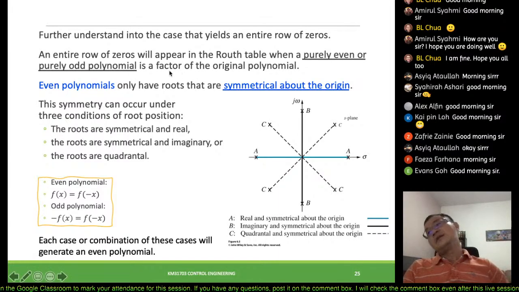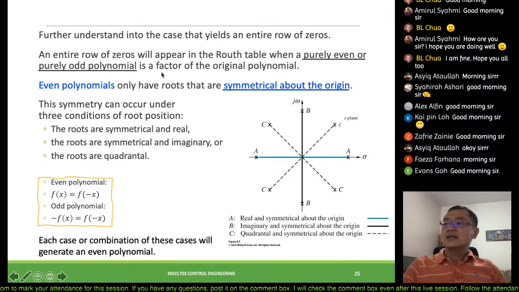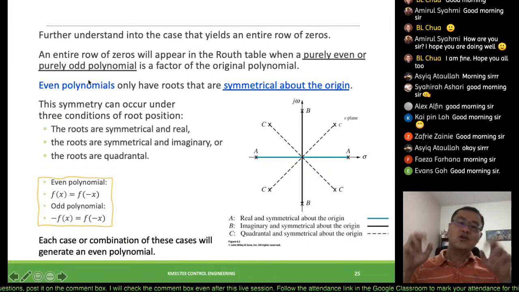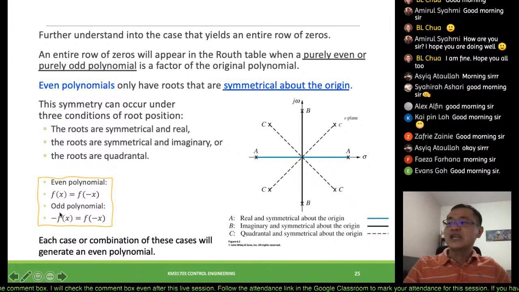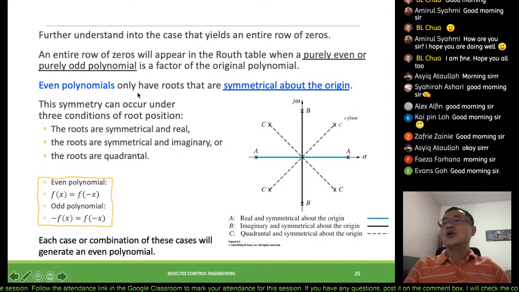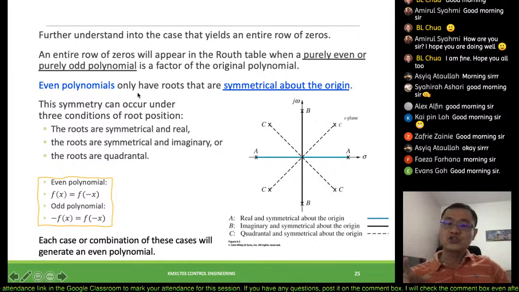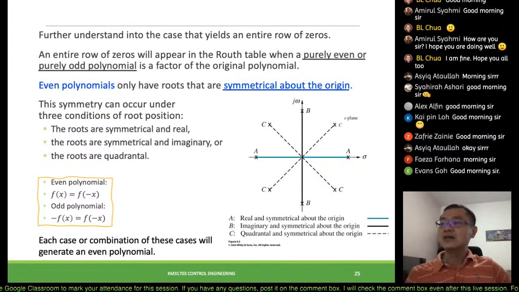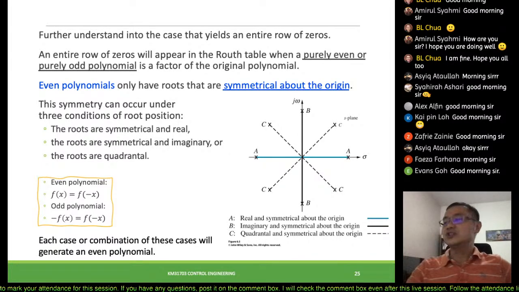So, and we also note that even polynomial, okay, this is a term for a polynomial which has these characteristics. So this even polynomial will have roots that are symmetrical about the origin, okay.